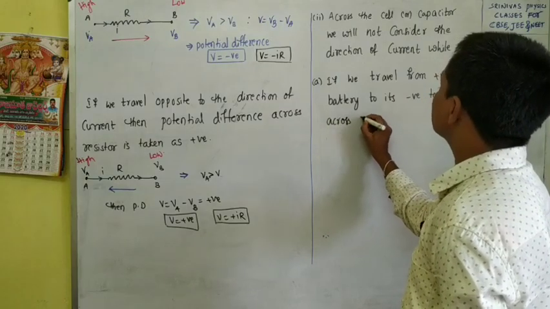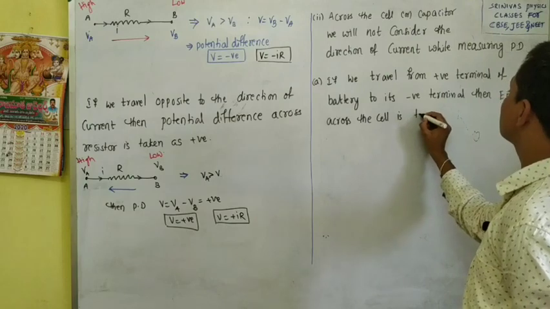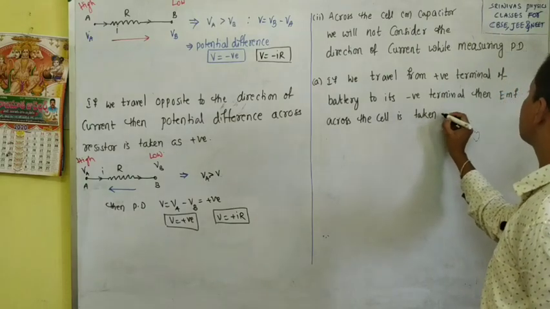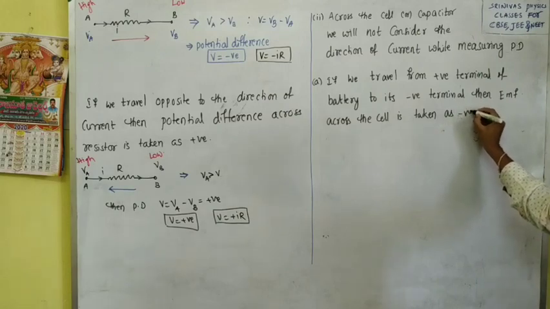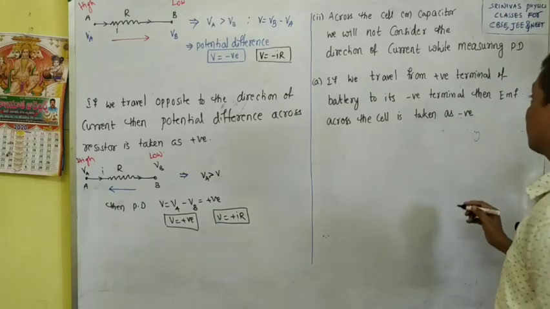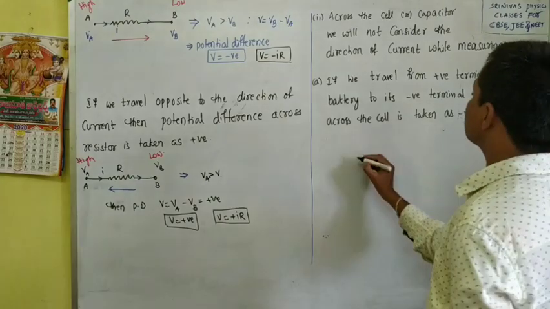EMF is also potential difference across the cell. EMF or potential difference, both are the same. Potential difference is taken as negative.